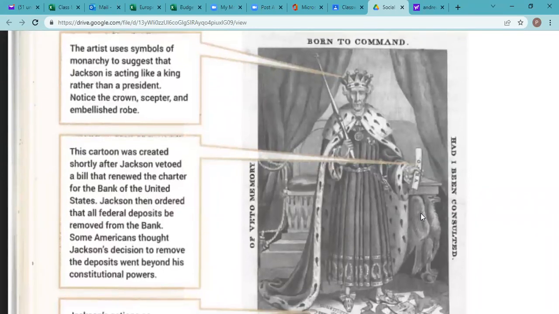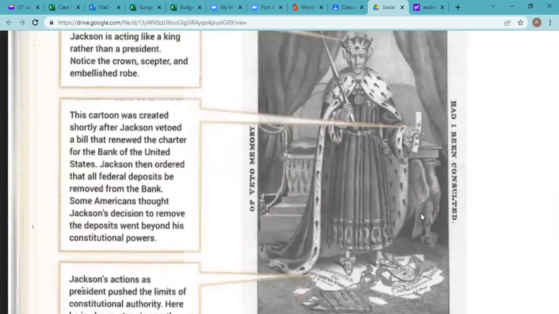And then right here below it, it says the cartoon was created shortly after Jackson vetoed a bill that renewed the charter for the Bank of the United States. So remember, vetoed is where he turned down the bill. He rejected it. Jackson then ordered that all federal deposits be removed from the bank.